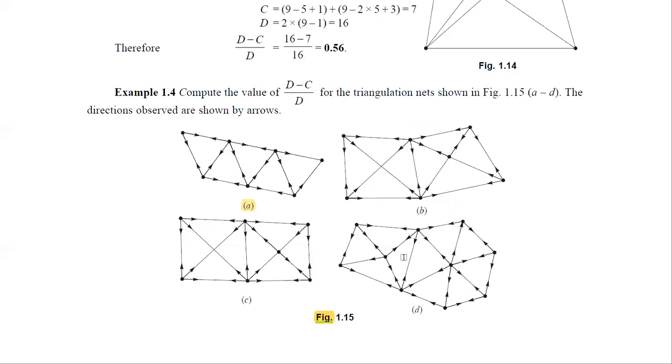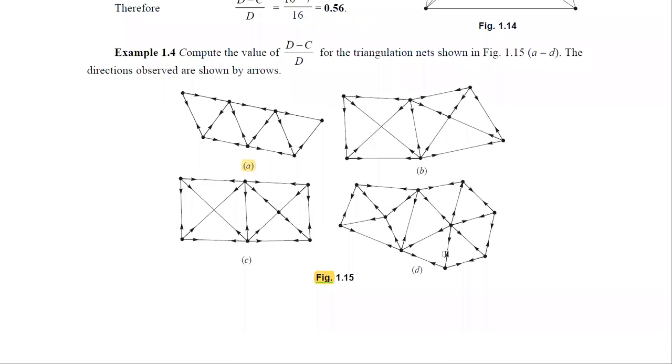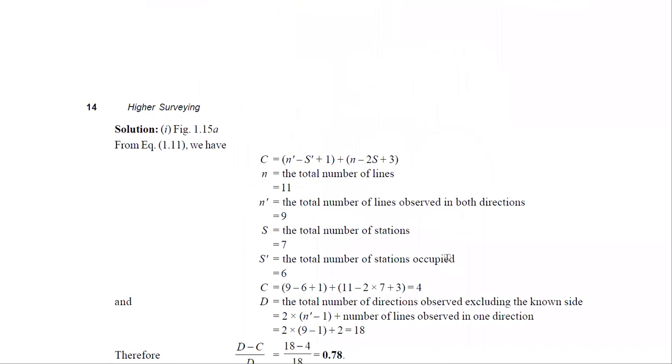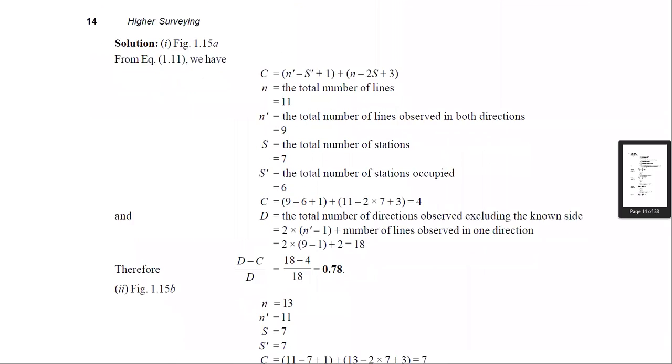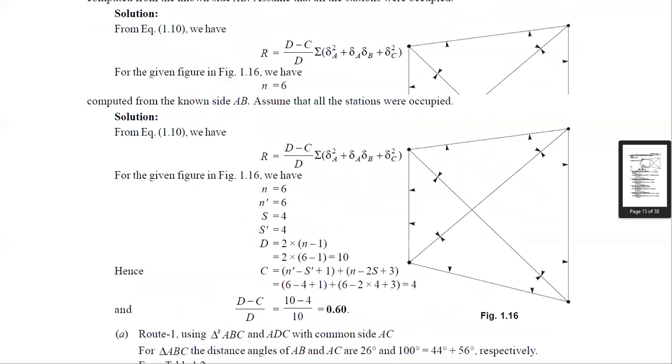These all have been observed in two directions. But what about this one? Is it observed in both directions or a single direction? Yes, it has been observed in only one direction. So what will be the number of lines that have been observed in?